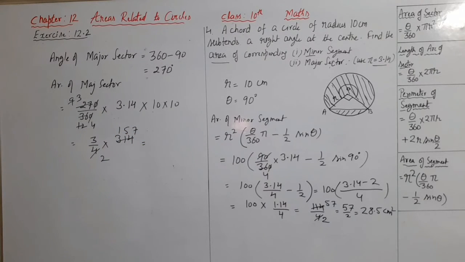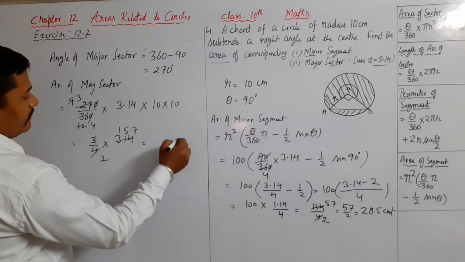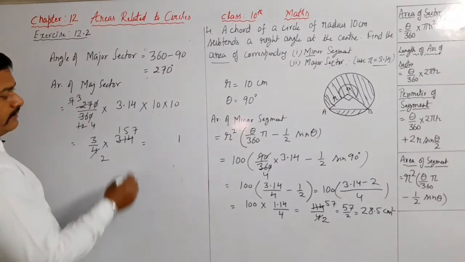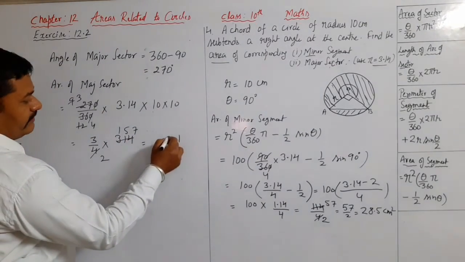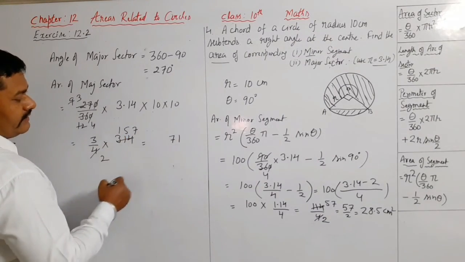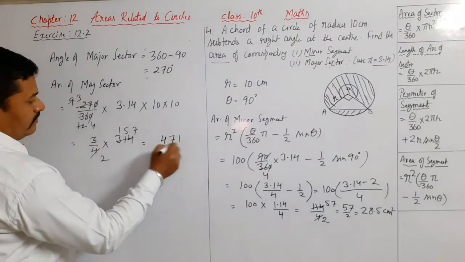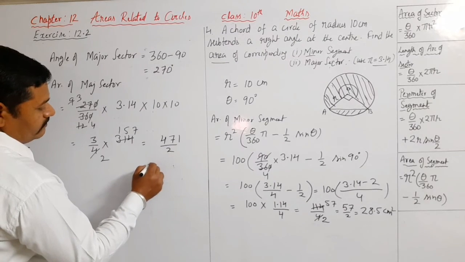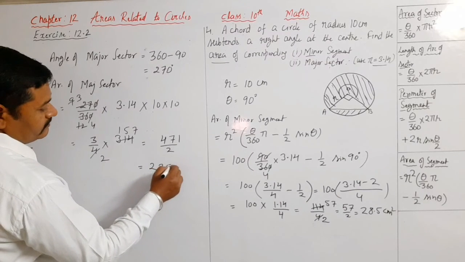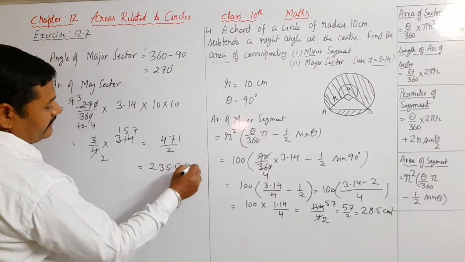Now 157 into 3, 3 sevens are 21, 3 fives are 15 plus 2 is 17, 3 ones are 3 plus 1 is 4, so 471 upon 2, which is 235.5 centimeter square.